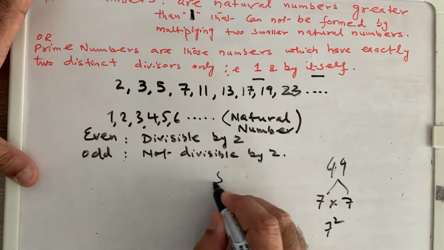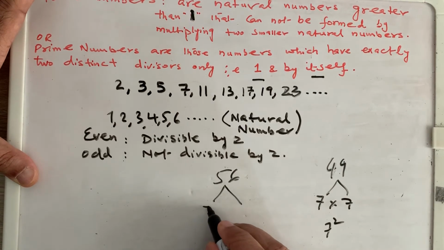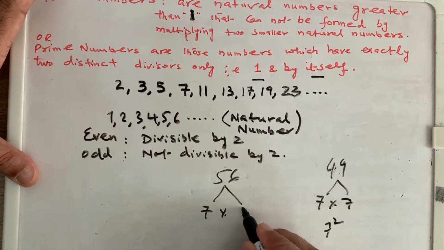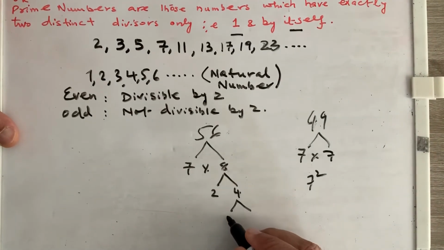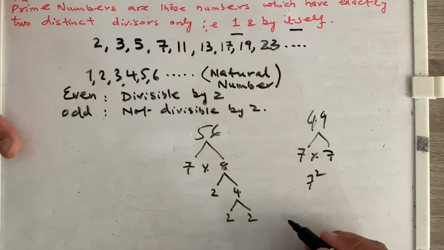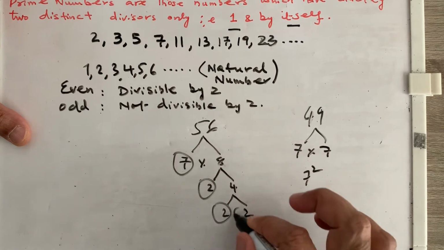If I have 56, it's passing into 7 times 8 is 56, but 8 is again breakable as 2 times 4, and 4 is again breakable as 2 times 2. So what are my prime factors? 7, 2, 2, and 2.